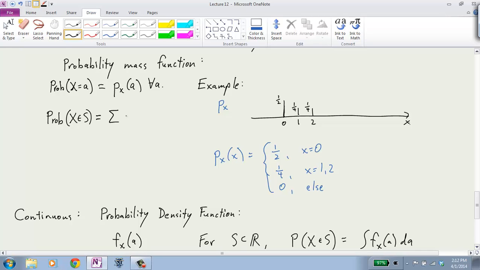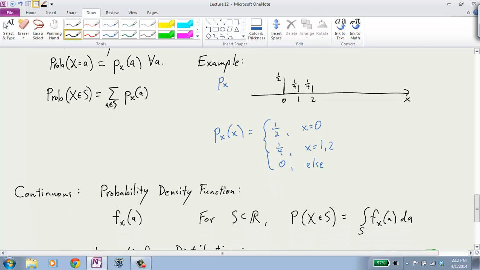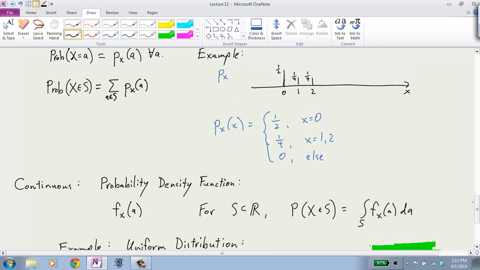We should add up the probabilities of everything in that set, right? Because we already said probabilities of disjoint events have to add. So now we see that these look very, very similar because we have a sum for the discrete case and an integral for the continuous case.